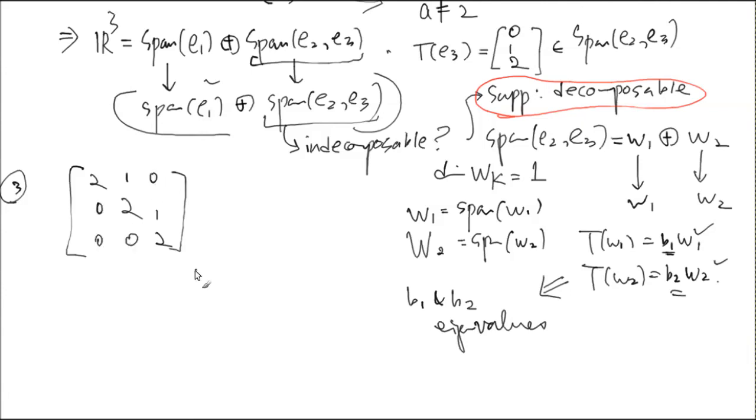If you do like this, lambda equals 2 is the only eigenvalue, and the dimension of E2 this time is just 1. And this one is indecomposable. The whole R3 is indecomposable. You can't split it any further.